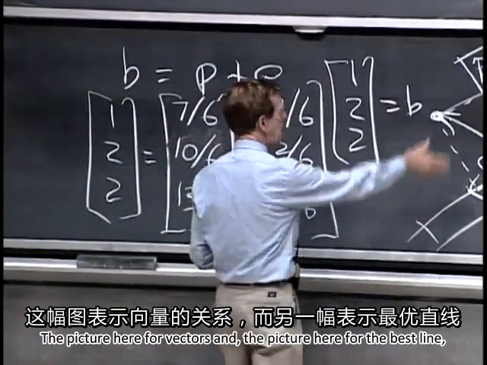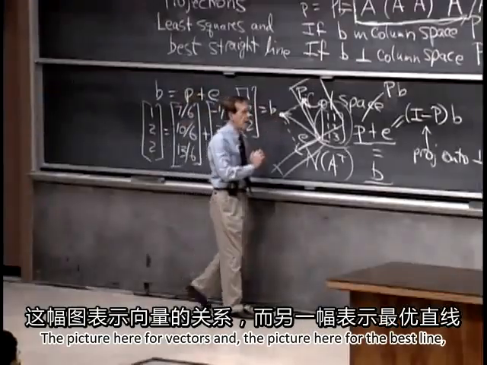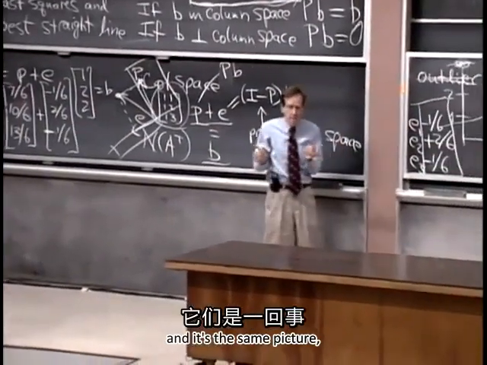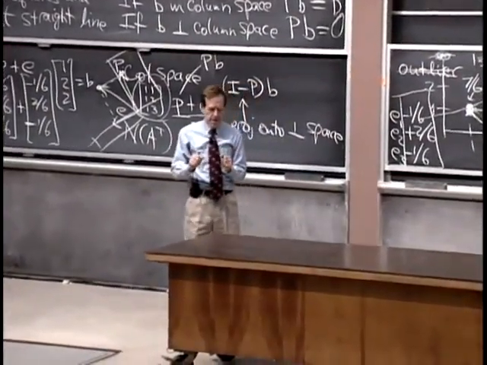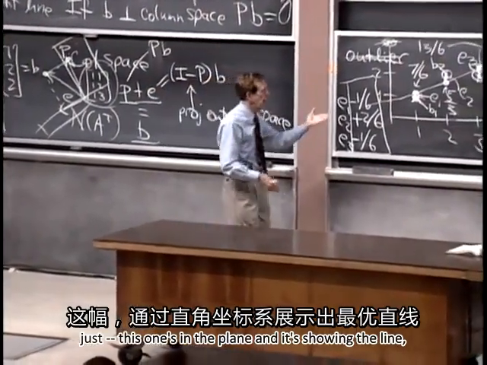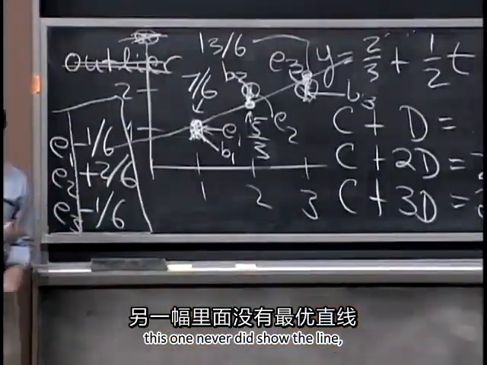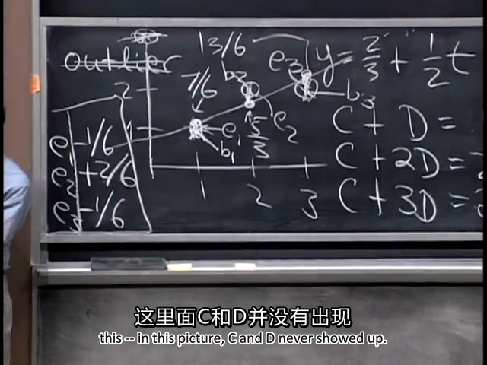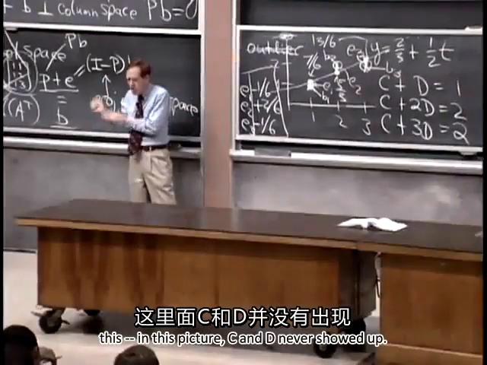Okay, I hope you see the two pictures. The picture here for vectors, and the picture here for the best line. And it's the same picture, just like this one's in the plane and it's showing the line. This one never did show the line. In this picture, C and D never showed up.